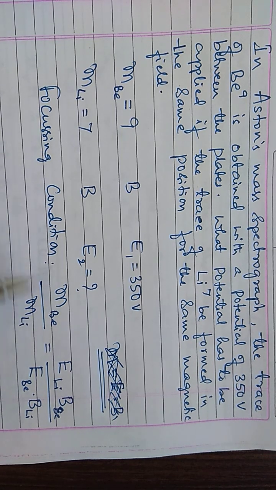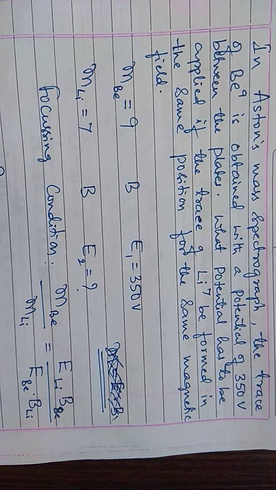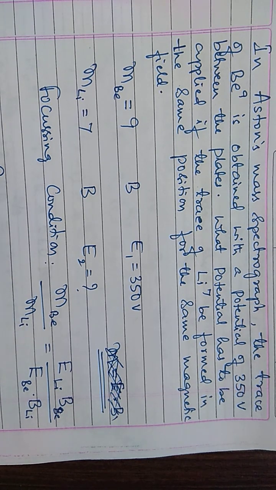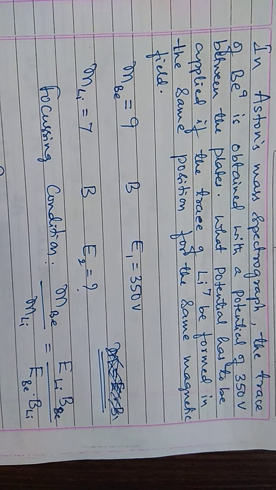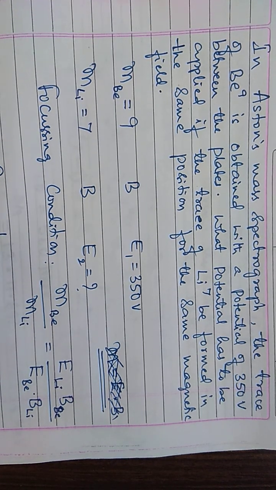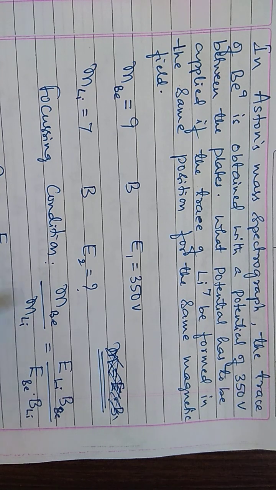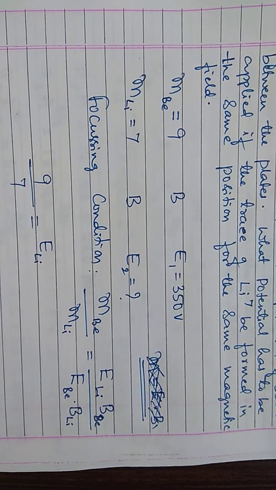Let us do the calculation here. M suffix Be is equal to 9. M suffix lithium is equal to 7. Lithium EMF, or I can say voltage, how much we require, E2, that is to be determined.